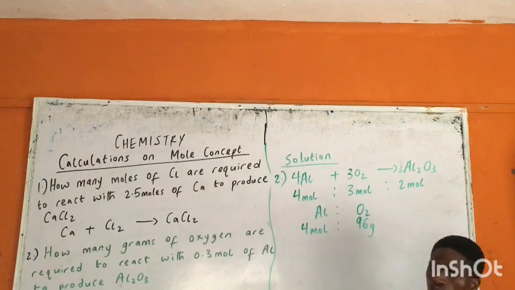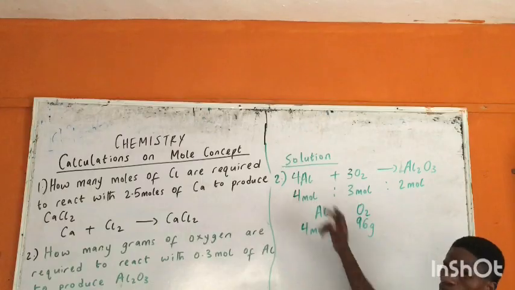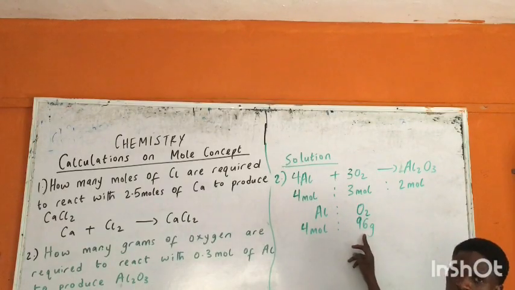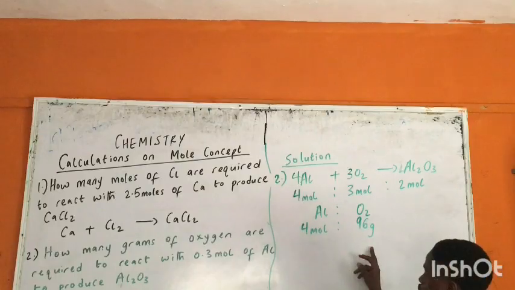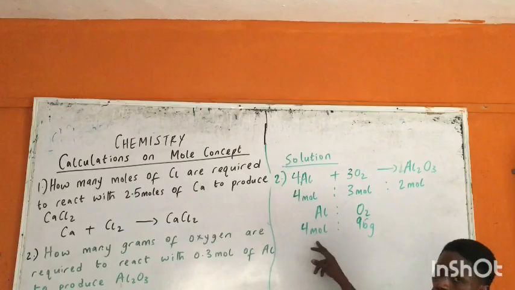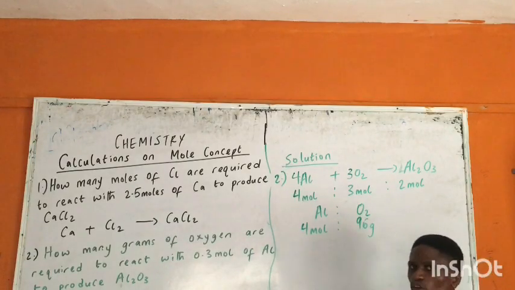So from the equation, 96 grams of oxygen are required to react with 4 mole of aluminium. And what's the question now?